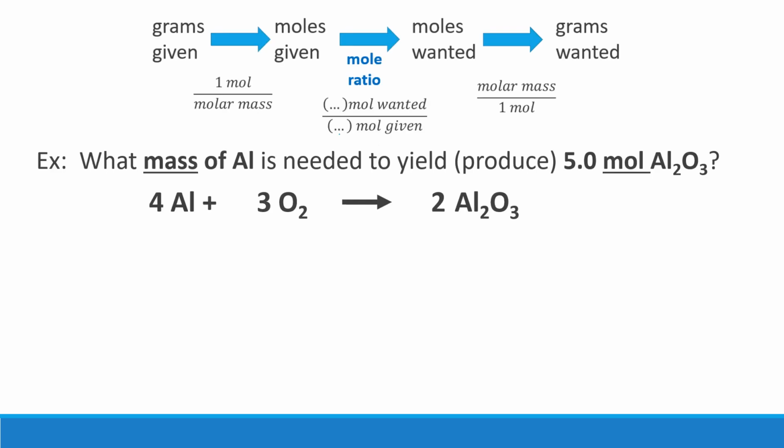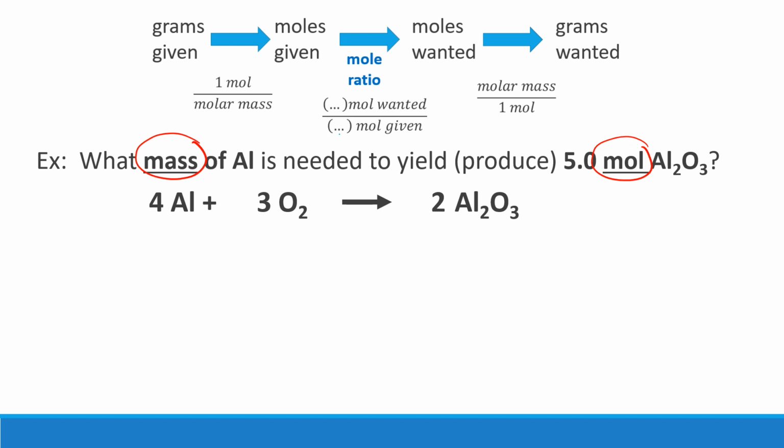All right, now think about this. I have a question here. It looks a lot like the other ones that we've been doing, but the difference is the units that are involved. This question says, what is the mass of aluminum needed to produce 5 moles of aluminum oxide?